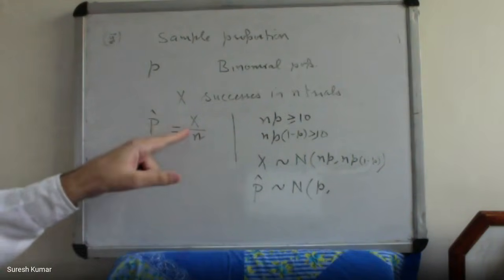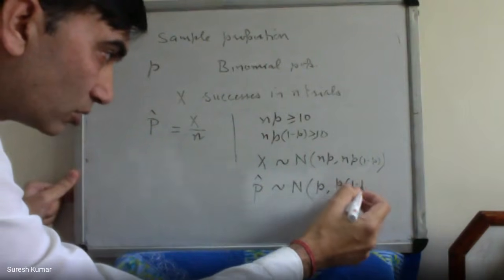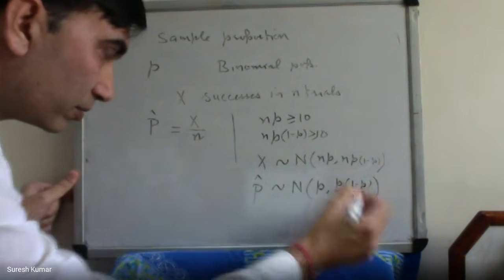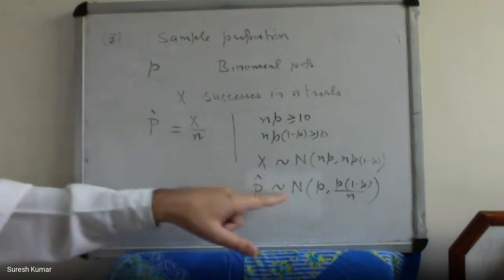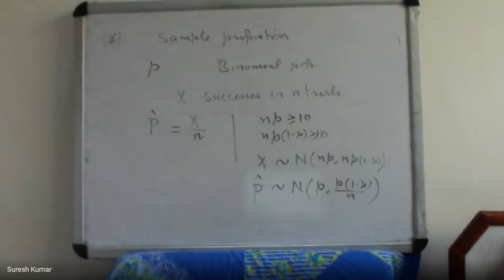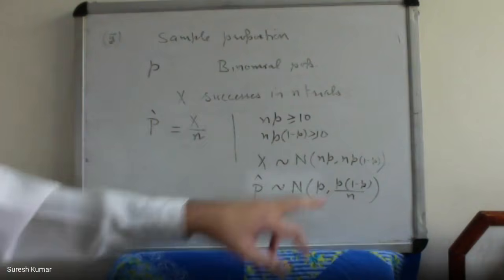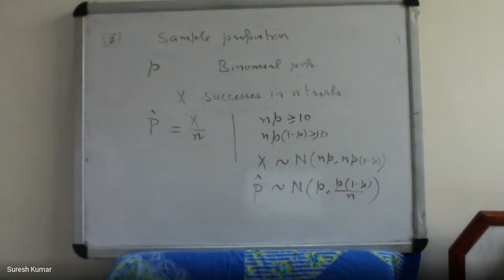You know, in variance the constant gets squared. So you get p into 1 minus p over n. So the sample proportion variable follows a normal distribution with mean p and variance p into 1 minus p over n. Make a note of this result. The sample success proportion random variable follows normal distribution with mean equal to p and variance p into 1 minus p over n.